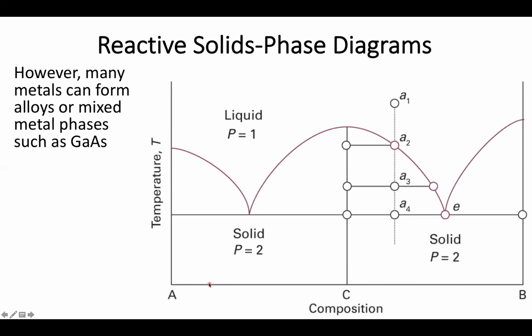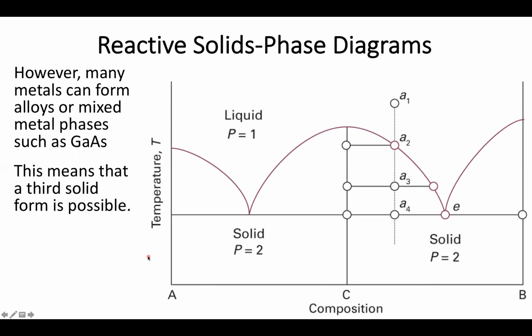And this means something rather interesting about what the phase diagram for gallium and arsenic is going to look like, because it means that I've got a possible third solid.